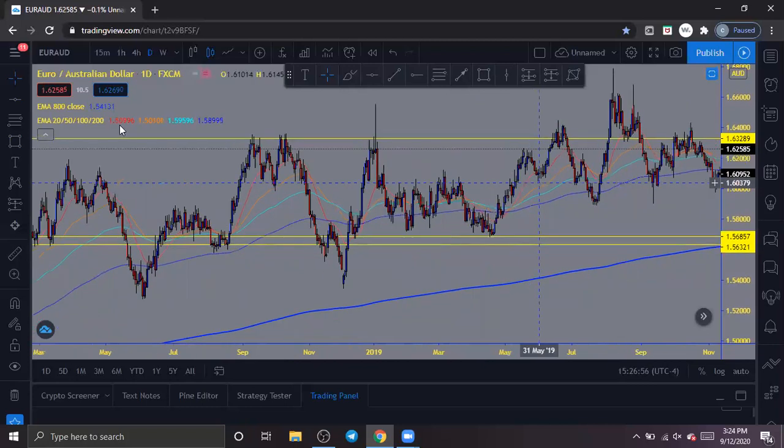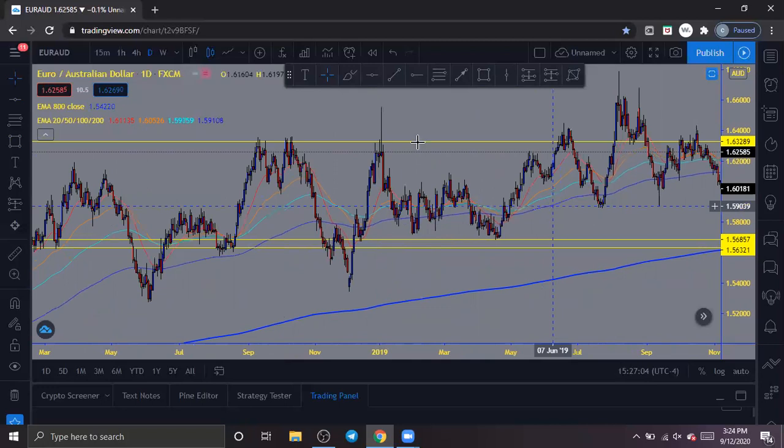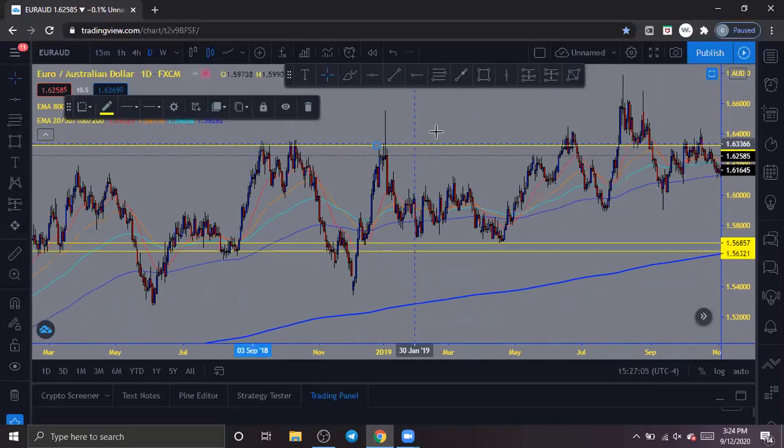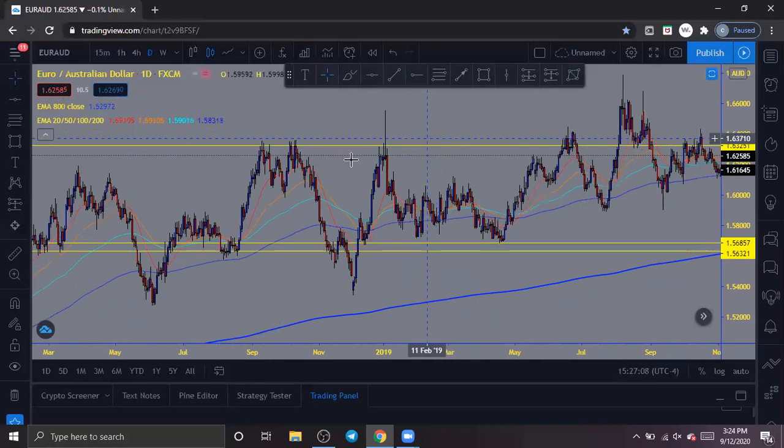And for resistance, it'll be the same thing. Reaction, reaction, reaction. So you can see that this level of price is being tested multiple times. So it's definitely a level that you want to keep in mind and be looking out for.